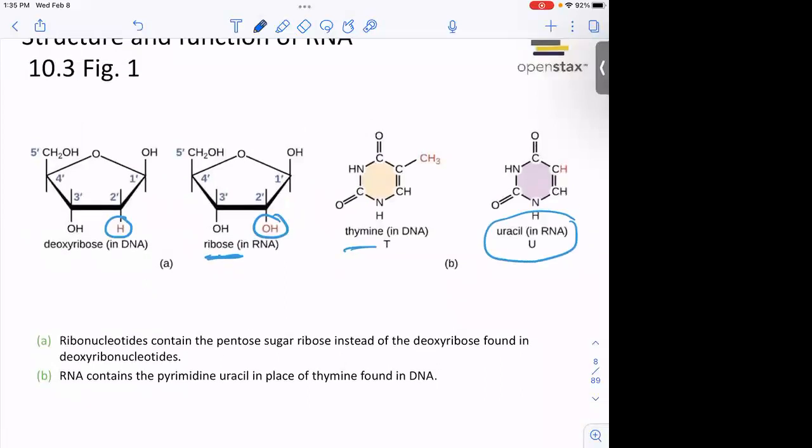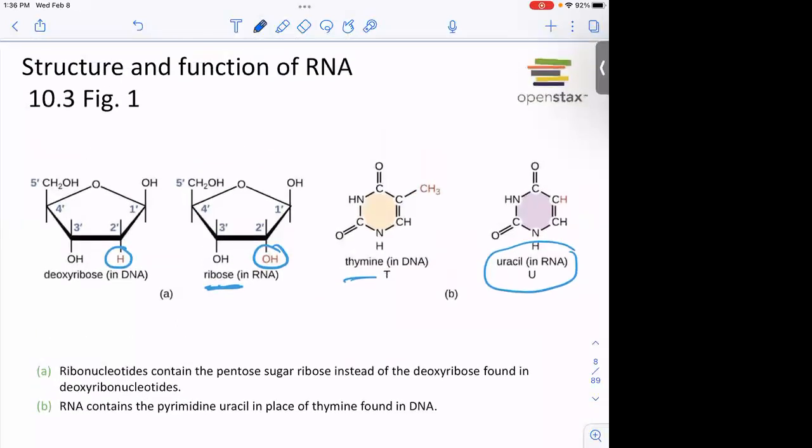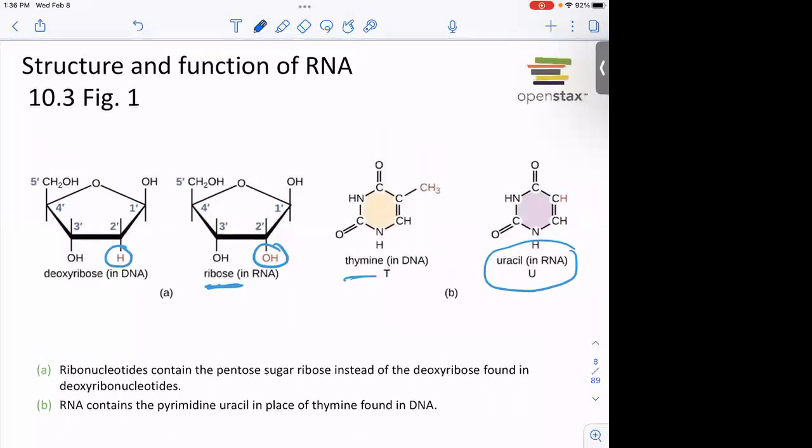We had talked about the structure of DNA. We started talking about RNA, and the differences between RNA and DNA. We've got a ribose sugar instead of deoxyribose, really similar, but different in just one place. And of course, RNA is going to have the base uracil instead of thymine.